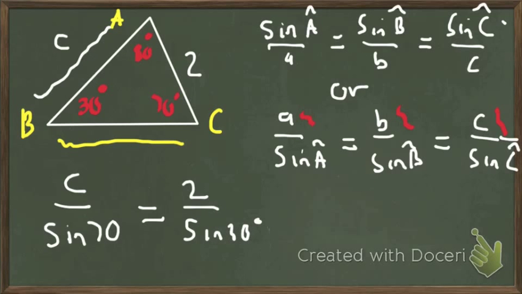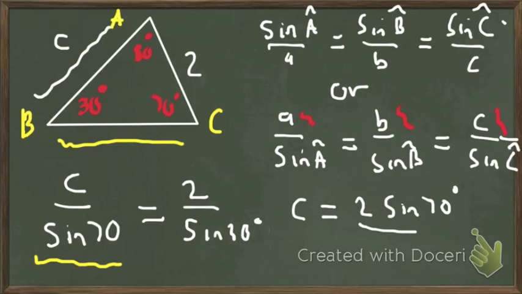And if we want to now solve for what c is, we obviously have to move the sine of 70 away from it. So c is equal to 2 times the sine of 70 over the sine of 30. And if we punch that into our calculator, that's fairly easy to compute.